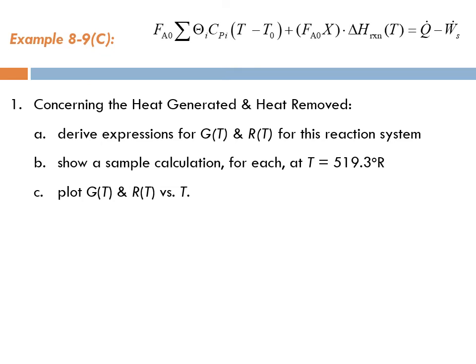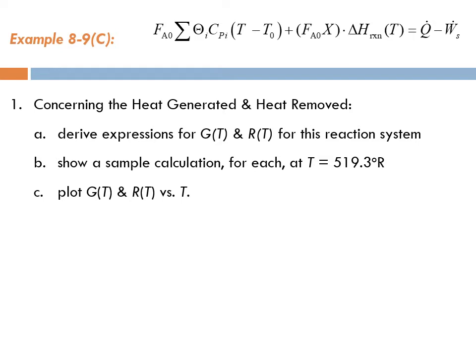Next, show a sample calculation for each at temperature of 519.3. Okay, so we need to show how to calculate the GT and how to calculate RT. Let's do that.